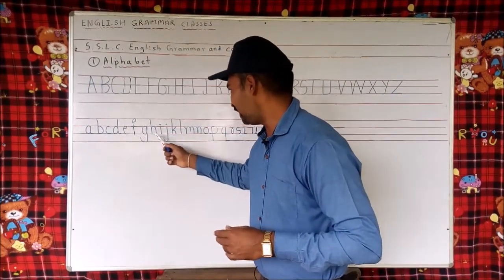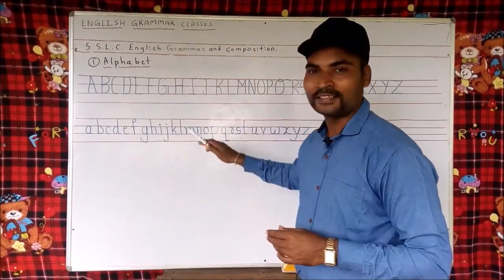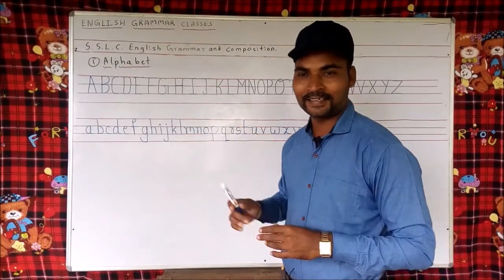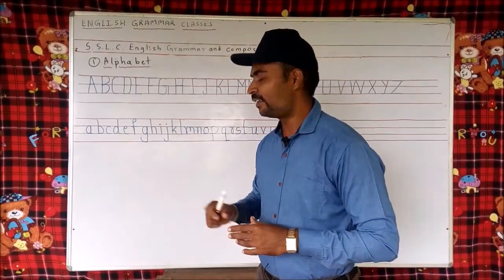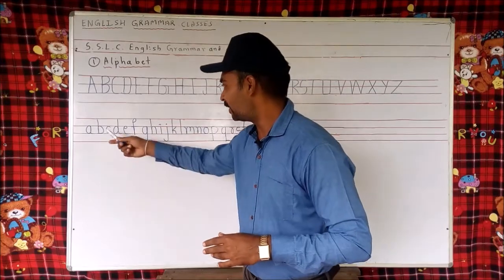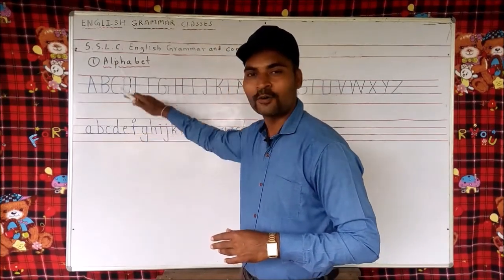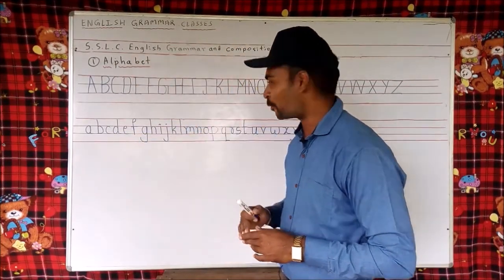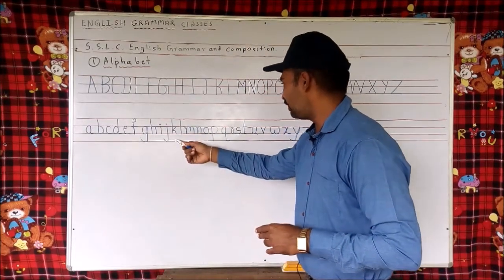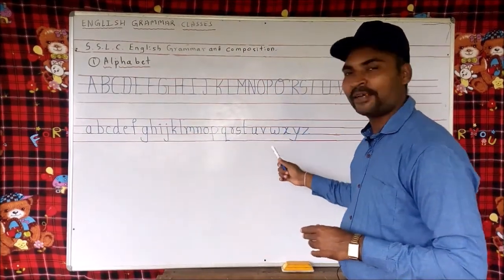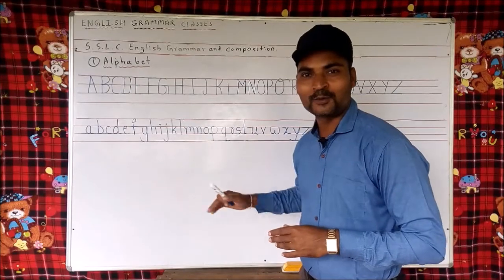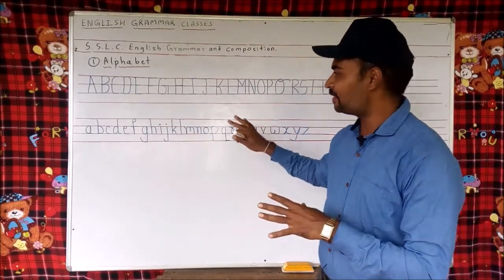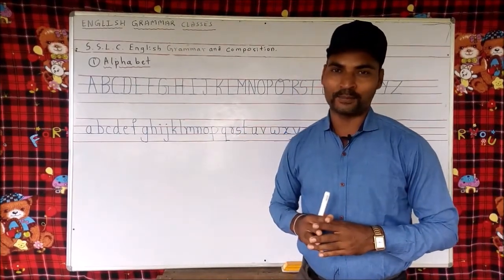A, C, E, I, M, N, O, this kind of letters fit in the middle line, but B, D, F, they go up, they take upstroke. Then G, J, P, Q, Y, these letters take downstroke. And this is the right way of writing ABCD.